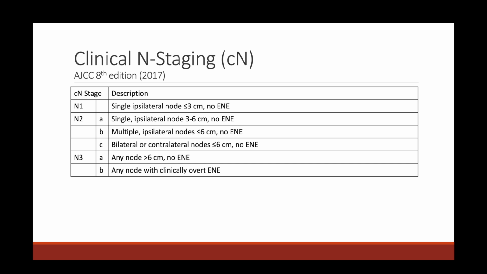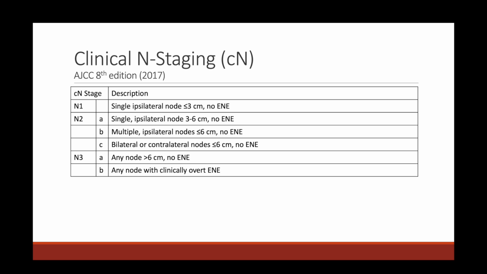So let's start with clinical nodal staging. N1 is if you have a single ipsilateral node that's 3 centimeters or smaller with no ENE, and ENE stands for extranodal extension. So a single ipsilateral node less than or equal to 3 centimeters without any extranodal extension.